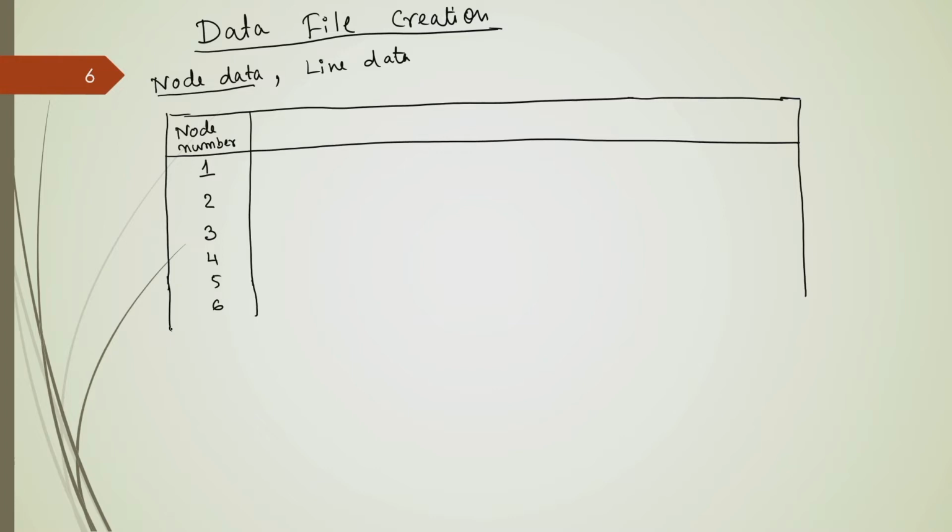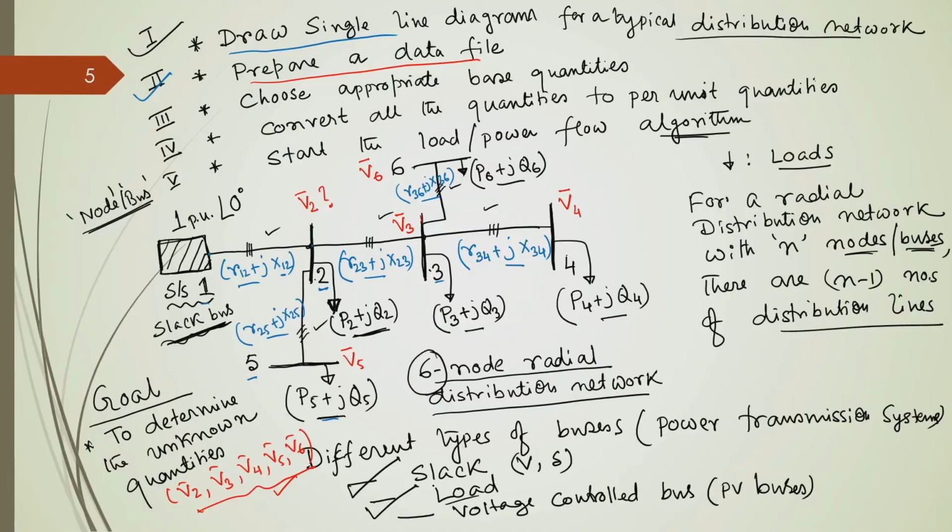Next, we will keep the type of the node, which shows the categorization or classification of the nodes. As I said, in a passive power distribution network, a radial distribution network, we have two different types of nodes, one is called slack bus or slack node, another is called load node.